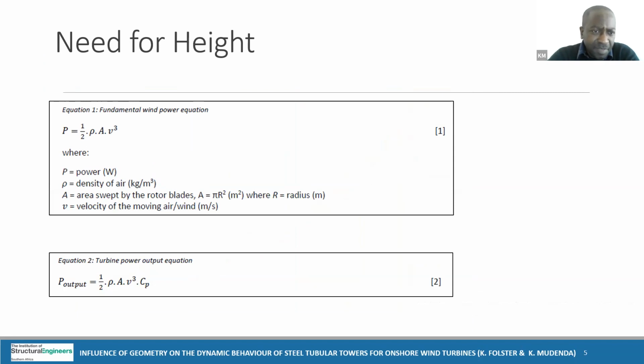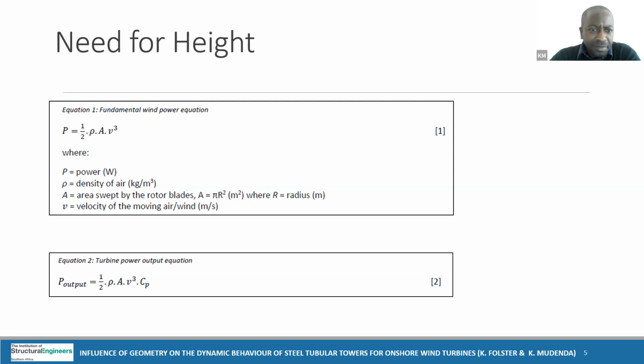The factors that influence the amount of power that can be harnessed are the density of the air, the area that is swept by the rotor blades, and the velocity of the moving wind. So you see that as the rotor diameter has increased, this has increased the area that is swept by the rotor blades, and that leads to the increase in the rated power output.